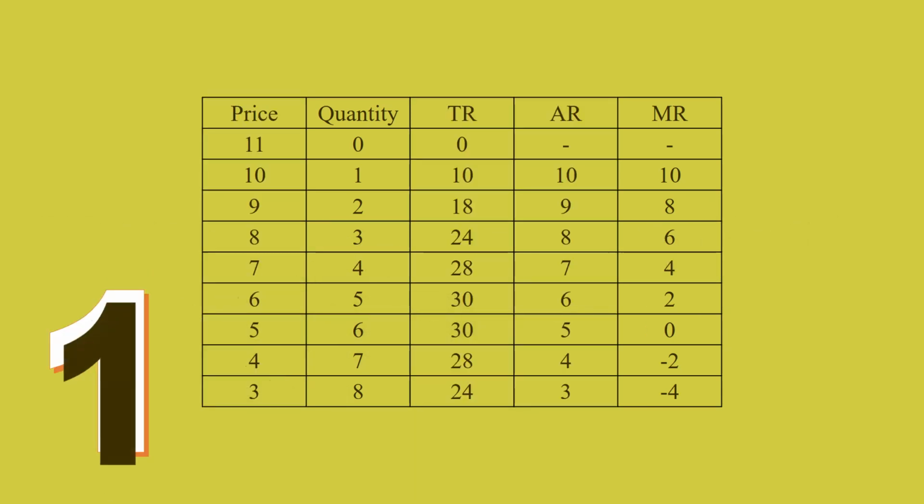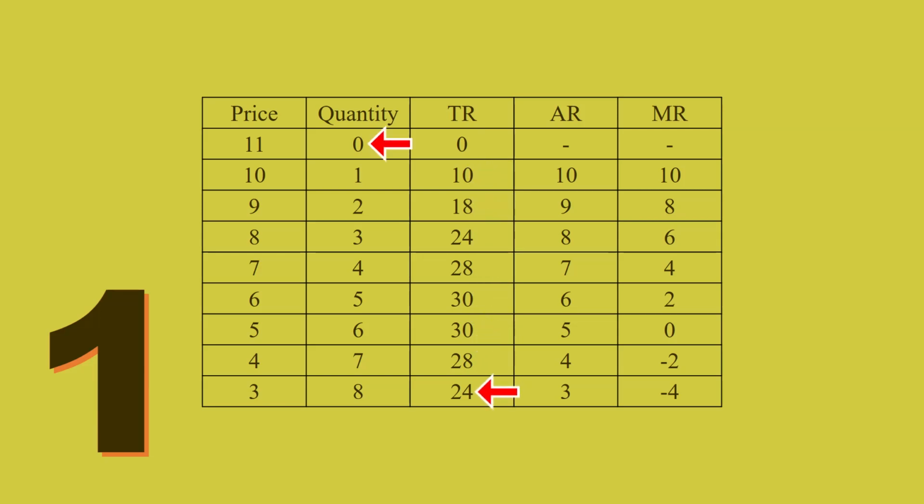1. Total revenue increases when more quantity is sold. It increases at a decreasing rate. Here, the rate of increase keeps on falling. When a seller increases sales from 1 unit to 2 units, the total revenue increases from 10 rupees to 18 rupees. Total revenue increases by 8 rupees.